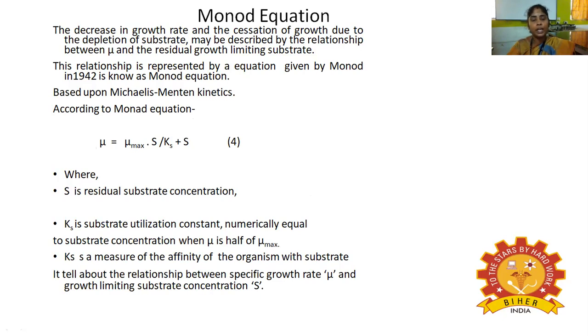Here we take the specific growth rate estimation to the next higher level, prescribed by the scientist Monod, so we call it the Monod equation. This equation is also used to predict the specific growth rate or maximum specific growth rate by utilizing the substrate for product formation.